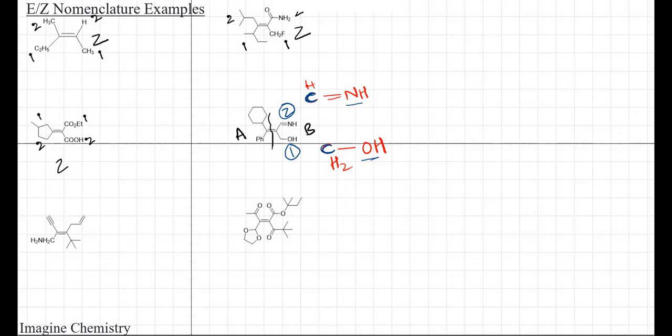For the second part of the molecule, here we have a cyclohexyl group. Here we have a phenyl group. What is a phenyl group? It is a benzene ring. So remember, for the case of the E/Z nomenclature and the RS nomenclature, which is used in the other type of stereoisomerism, a double bond is considered as a carbon attached to that substituent two times.